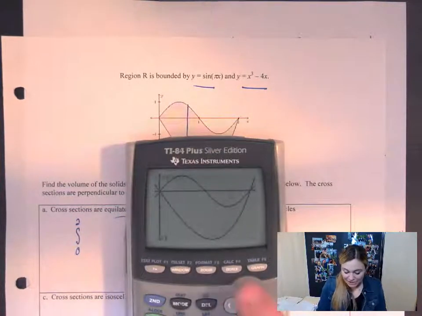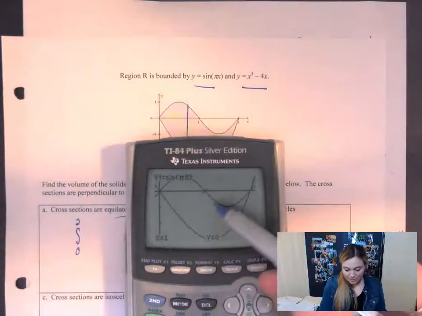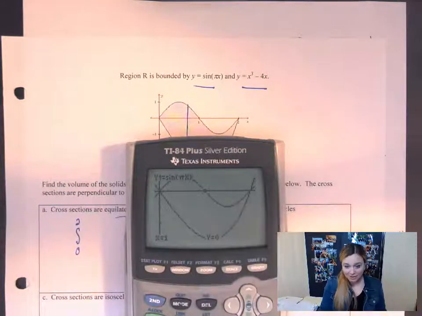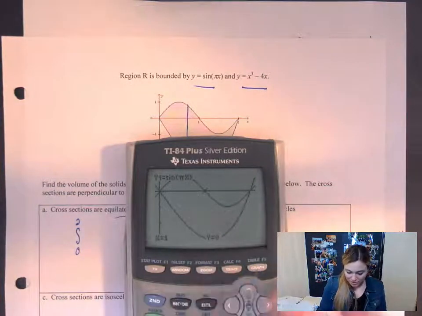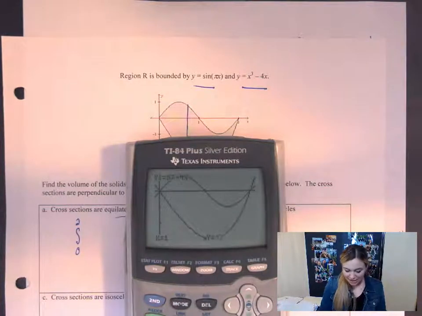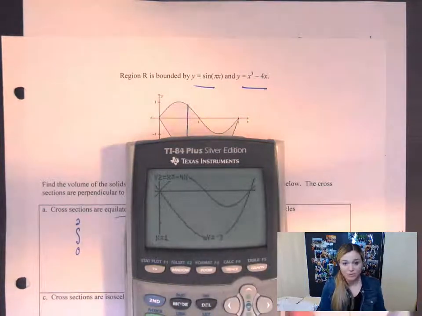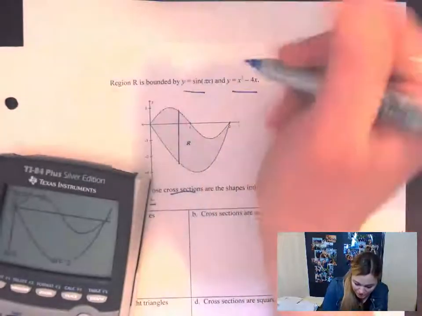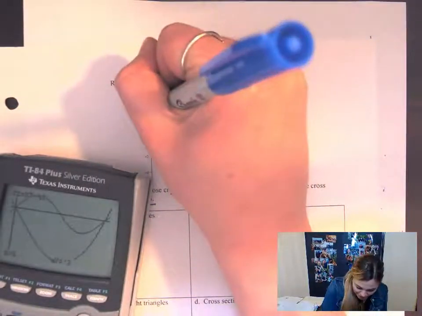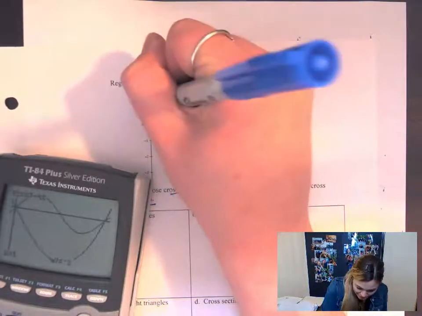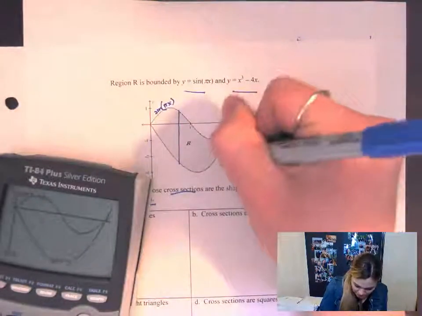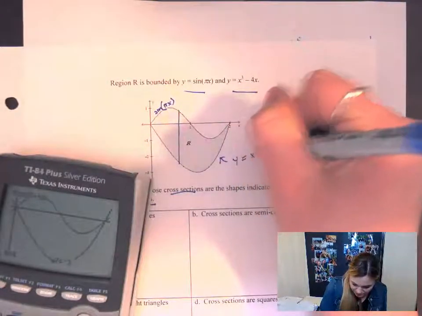If I push trace, you see how this top function is sine of pi x? If I push trace again and I push down, I can see this other function is x cubed minus 4x. So this one I know is sine of pi x. This one I know is x cubed minus 4x.